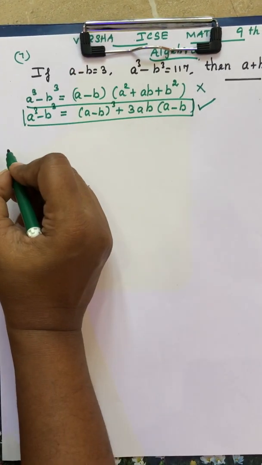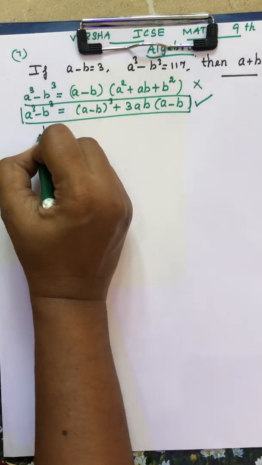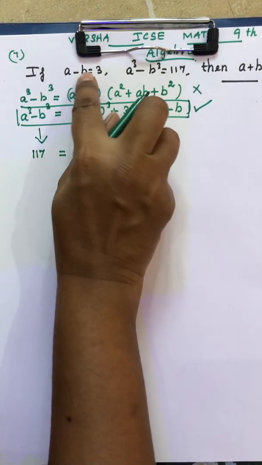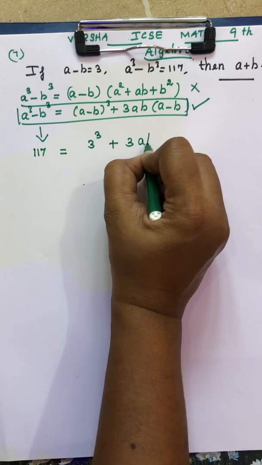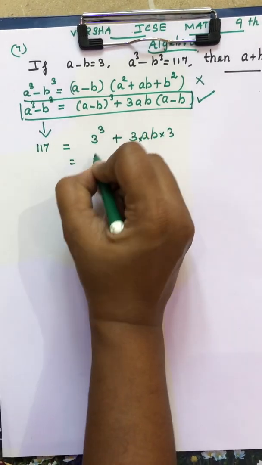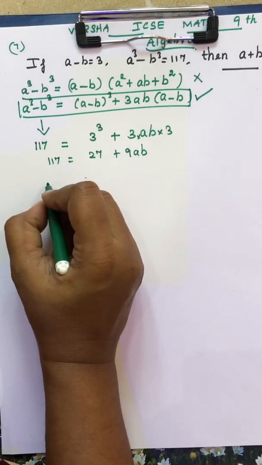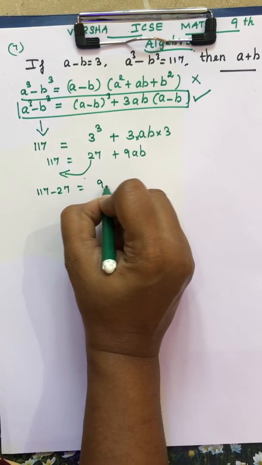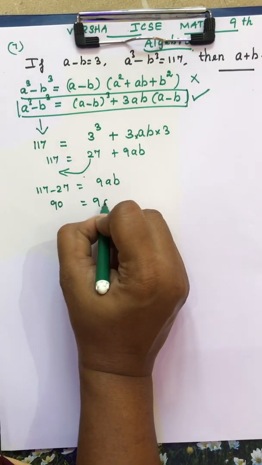Now we can substitute here. a cube minus b cube is 117, which is given. a minus b is also given, that is 3 cube, plus 3ab times a minus b, which is 3. So 3 cube is 27, plus 9ab, equals 117. The 27 comes to this side as minus 27, so 9ab equals 90.